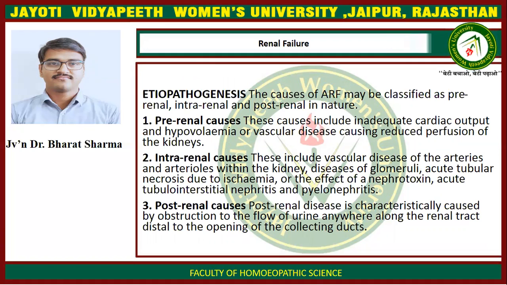First is pre-renal causes. These causes include inadequate cardiac output and hypovolemia or vascular diseases causing reduced perfusion of the kidneys. Intrarenal causes include vascular diseases of the arteries and arterioles within the kidney, diseases of glomeruli, acute tubular necrosis due to ischemia or the effect of a nephrotoxin, acute tubulointerstitial nephritis, and pyelonephritis.